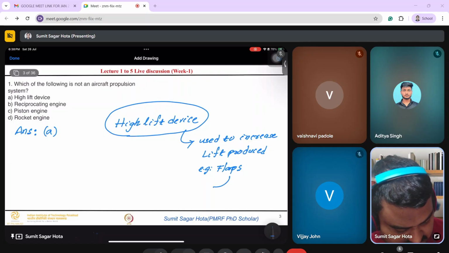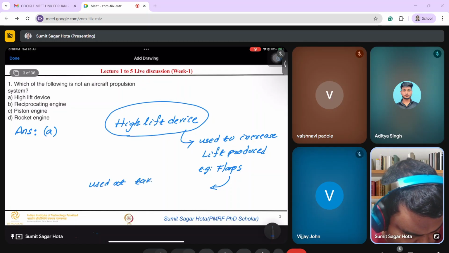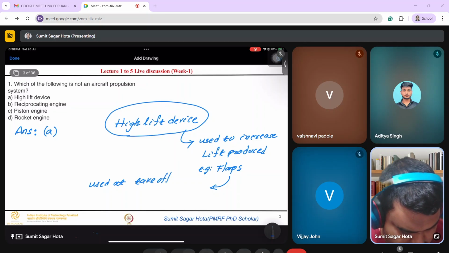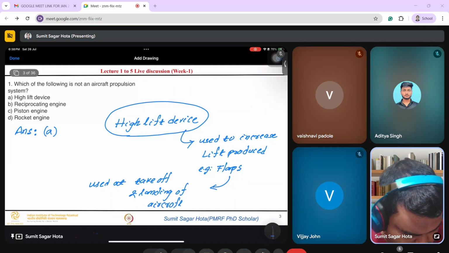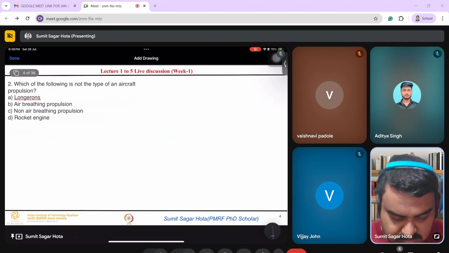These flaps are used in the wings. Okay, let's go to the next one.